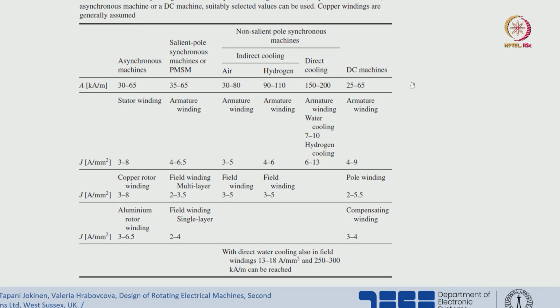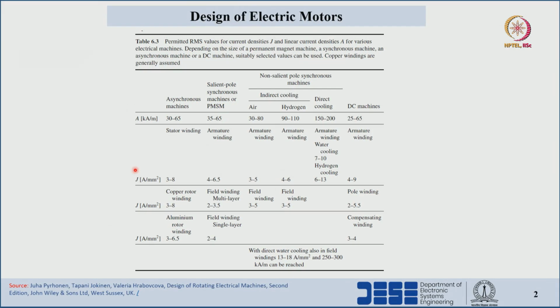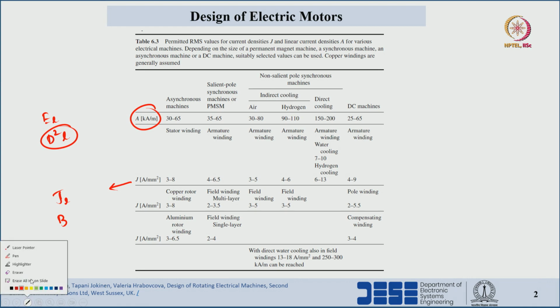This is how we can select the current density values and electric loading values with respect to the D2L product equation and D3L product equations. So, this A is nothing but electric loading, which you will utilize for D2L sizing equations, and J is nothing but current density, that is JL, we will utilize it for D3L sizing equations.